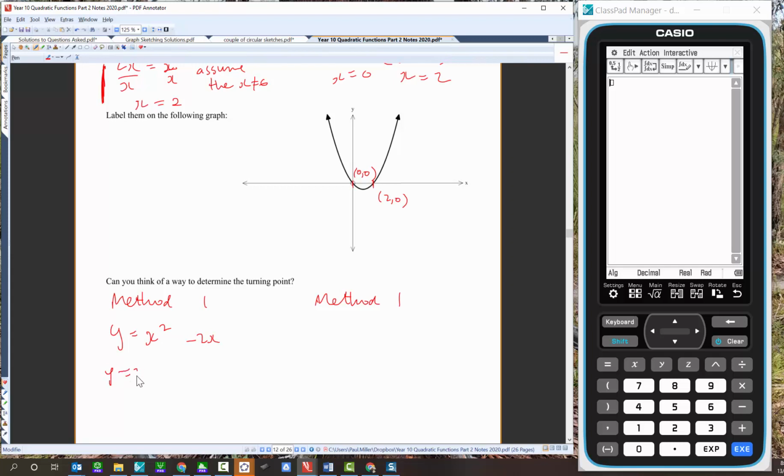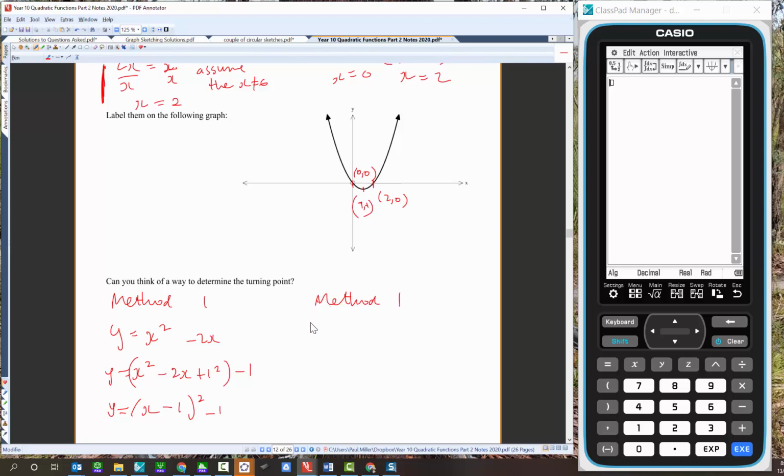So I'm going to go y equals x squared, take 2x, halve it, square it, add it, and subtract it. Now there's no constant on the end, or there's a plus 0, so that's all we're going to do. So it's y equals x take 1 all squared take 1. So I'm going to suggest that the turning point is at positive 1, negative 1.